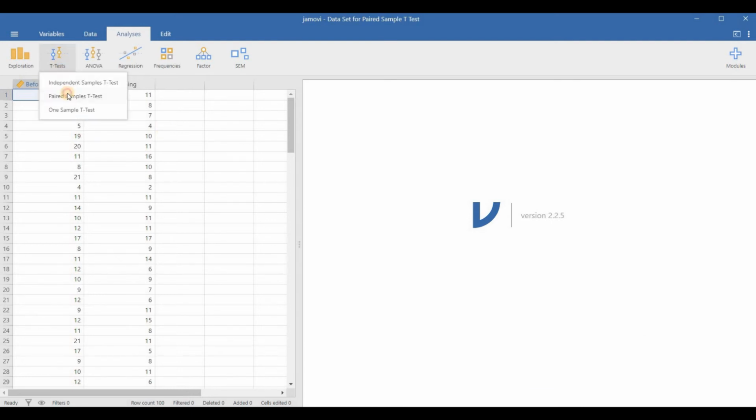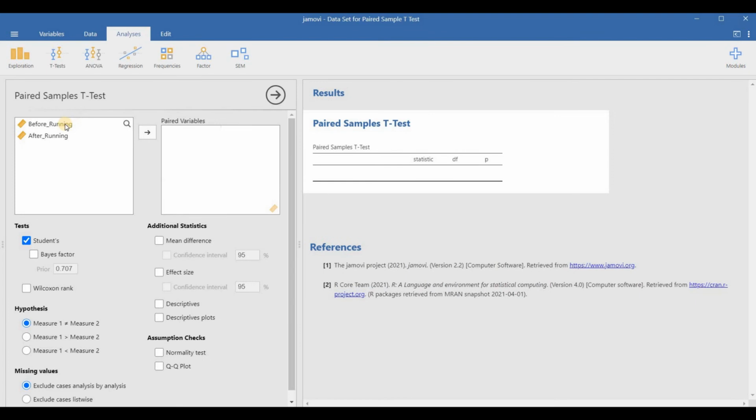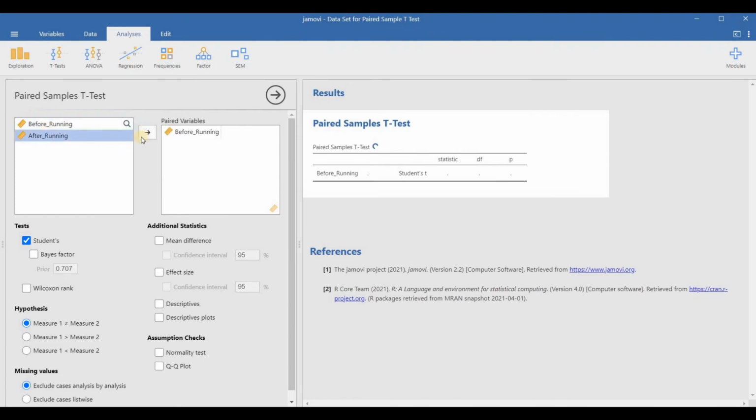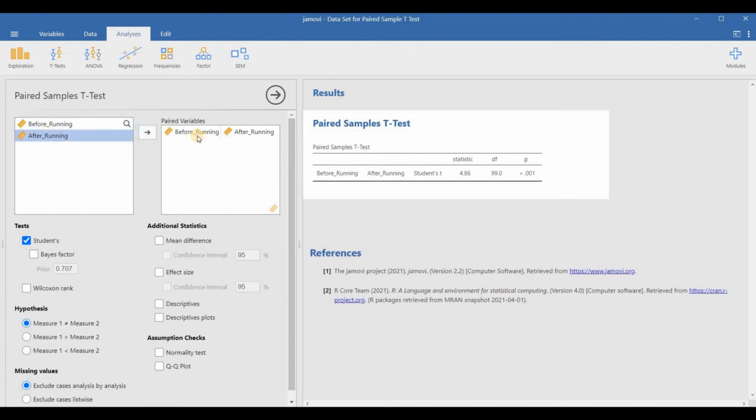Then we have to select the test, paired sample t-test, and move the variables here. Here you are looking, these are compared as a pair. If you remember the independent sample t-test, the variables were in a parallel line, but these are not in a parallel line, they are like a pair.